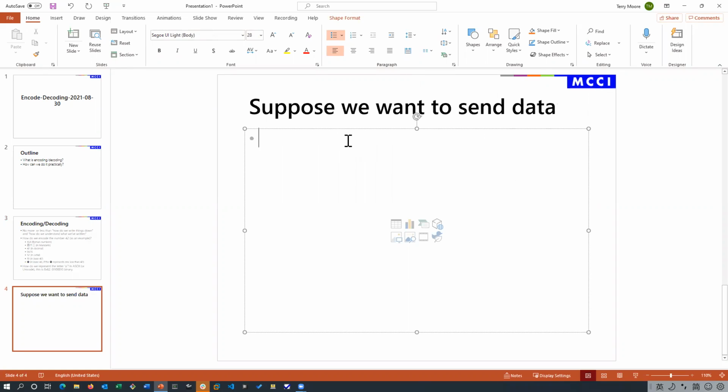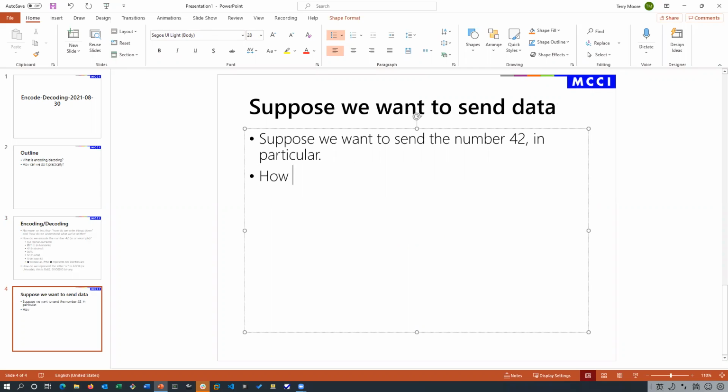Suppose we want to send data, and in particular, suppose we want to send the number 42. How do we do it? Well, one way of doing it would be to send the 2 characters 4 and 2.